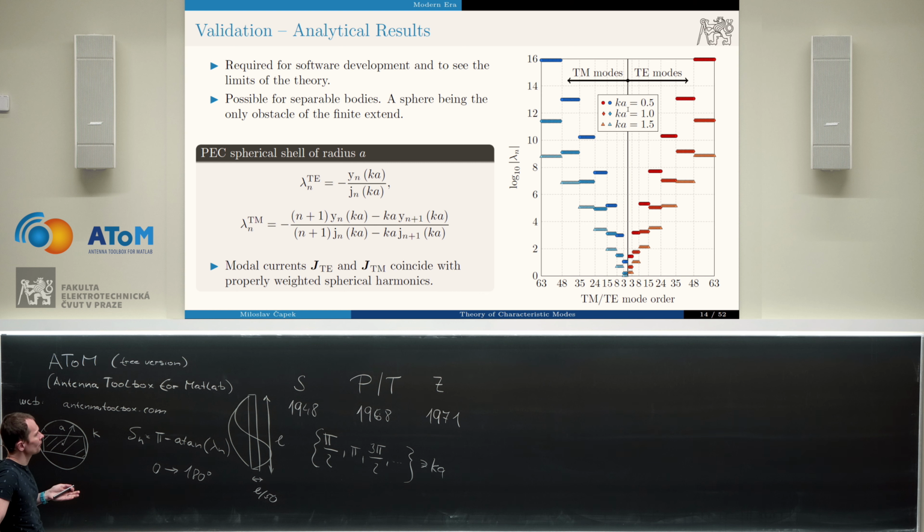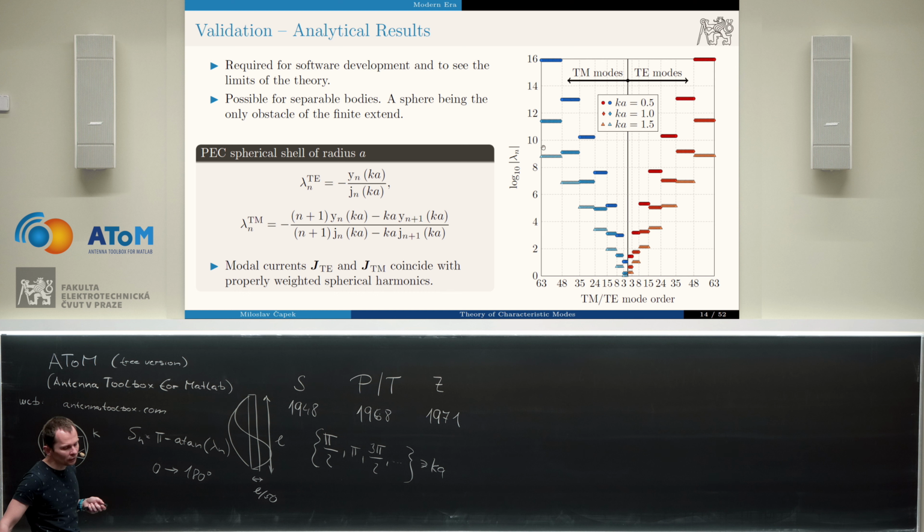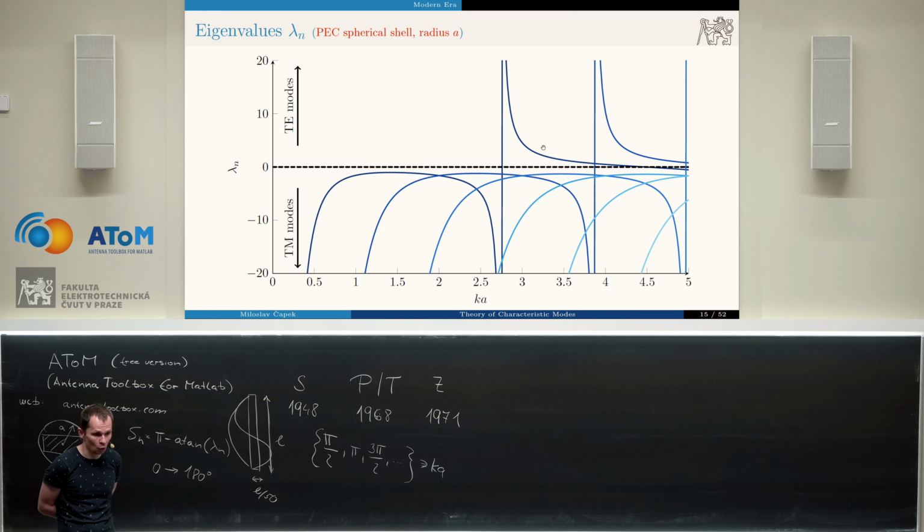One of you may actually ask why we have some sort of stairs here. Let me remind you that we have a spherical shell, and that means that some modes are degenerated, because the spherical waves are degenerated thanks to the symmetry of the spherical geometry.